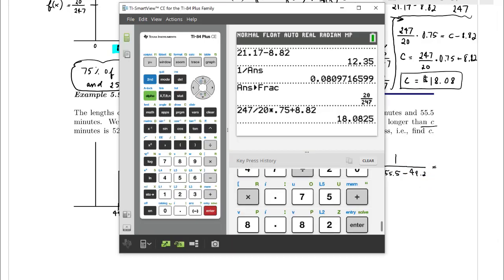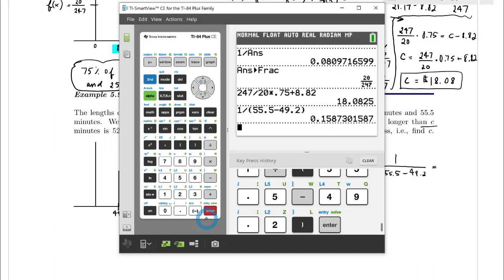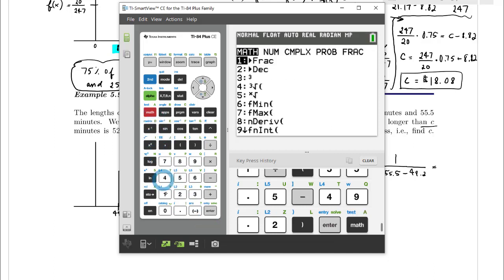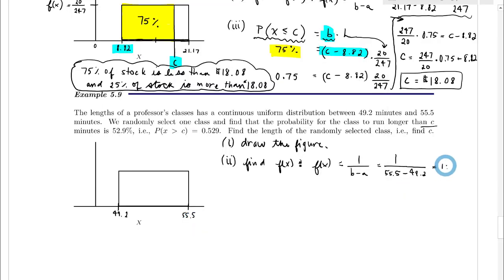And so if I just put that in the calculator, let me do the whole thing at once. So 1 over 55.5 minus 49.2. And then hit math, hit frac, enter. We get 10 over 63. So this here is 10 over 63. That's f of x.